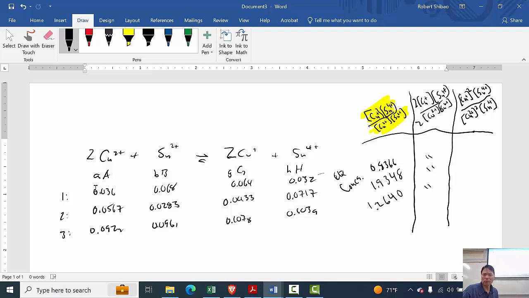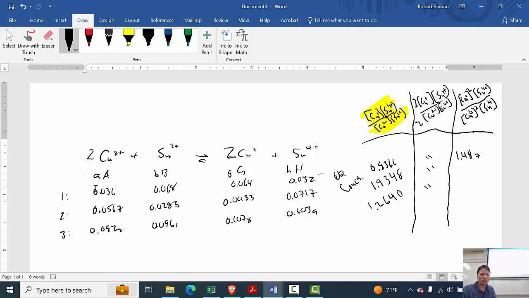And I end up with 1.487. Actually, I'm only allowed 3 sig figs, it looks like, or 2 sig figs. It's okay, we'll just extend it.